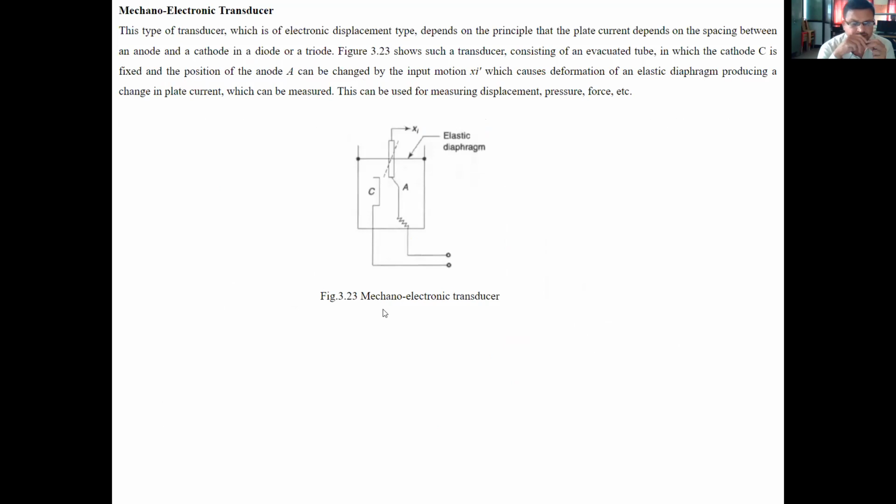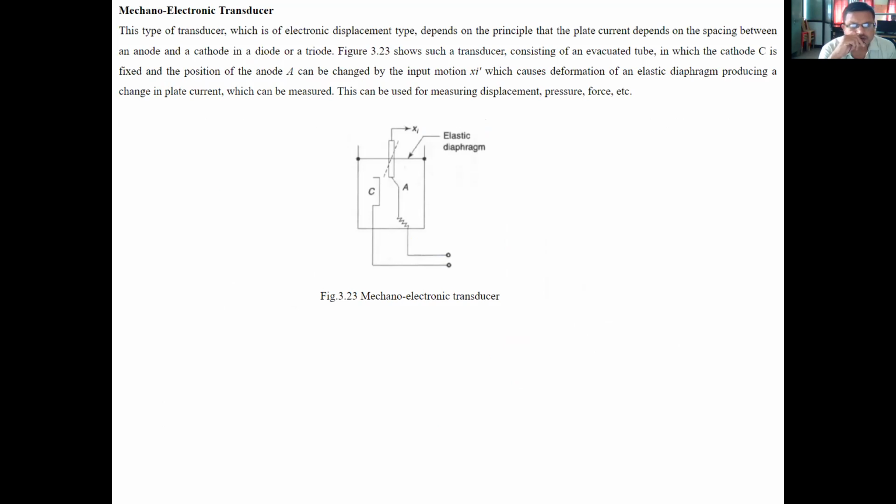Now next is the mechano-electronic transducer. This type of transducer, which is of electronic displacement type, depends on the principle that the plate current depends on the spacing between an anode and a cathode in a diode or a triode.